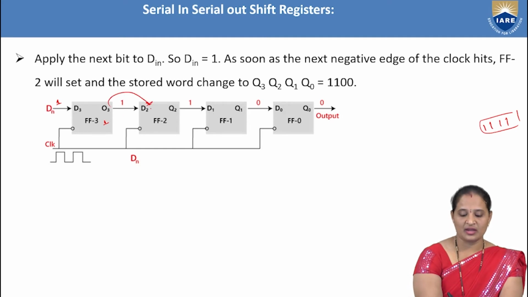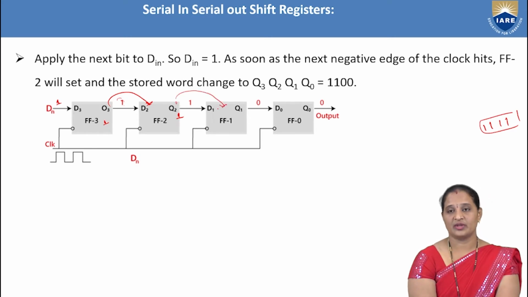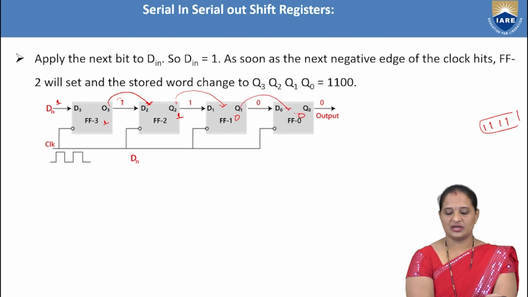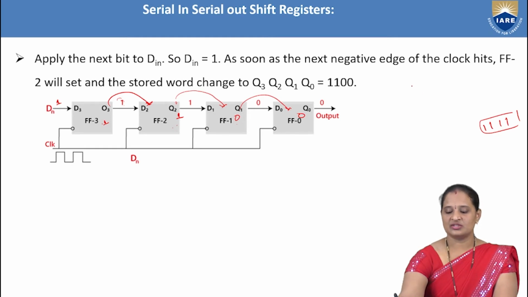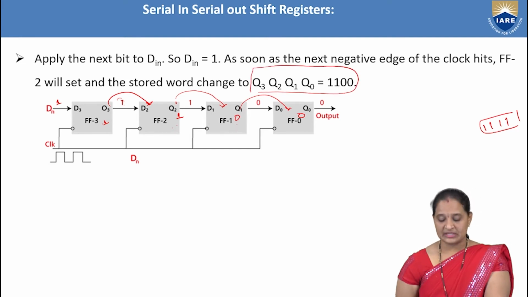As these are all D flip-flops, as the input to this D flip-flop is 1, the output again becomes 1. What was the previous output? It was 0, it will be pushed here. So that is 0. Now again this 0 will be pushed here. So what are the values of all the flip-flops here? 1 is stored in the first and second flip-flop, and the next flip-flops are 0, 0. That means the stored word now becomes 1, 1, 0, 0.